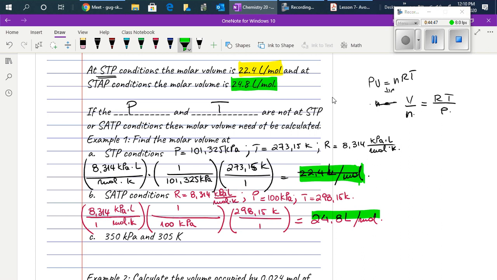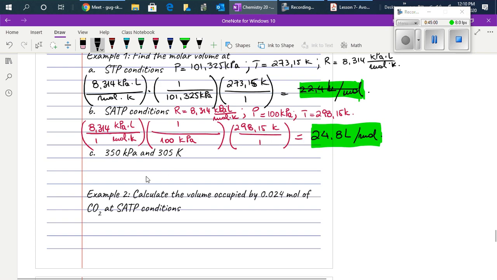So those numbers are not something that the scientists made up, but it is a result of those calculations that you see here.